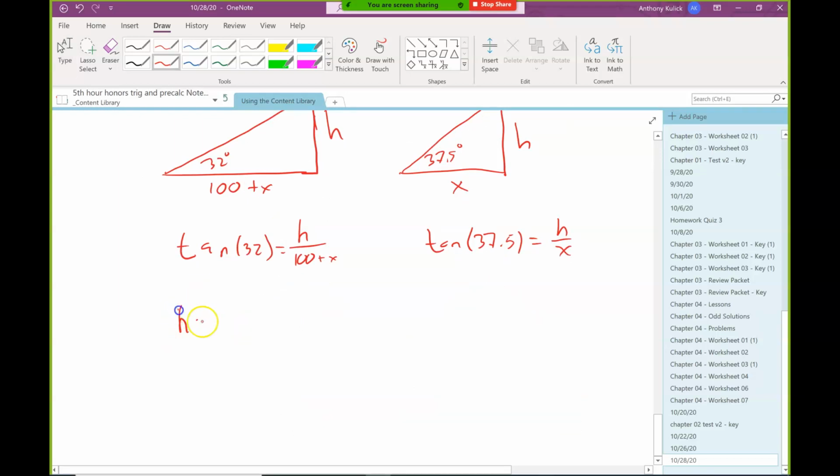And then I'm going to cross multiply because fractions, yuck. Let's get rid of that. That'll give me this as my 2 equations in my system.